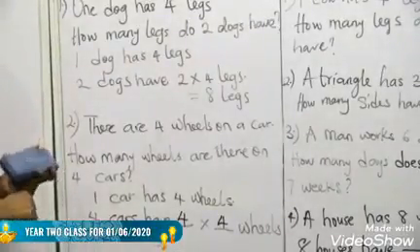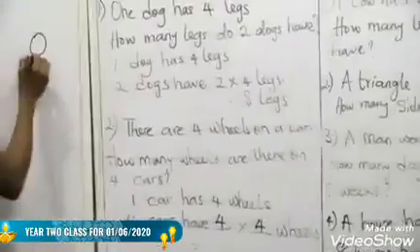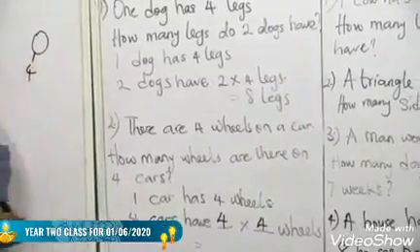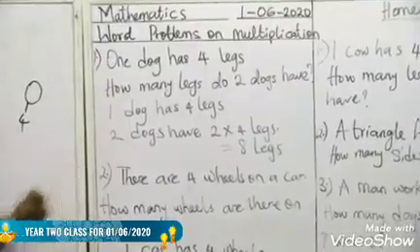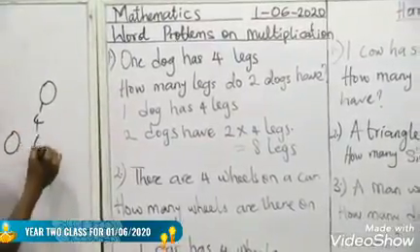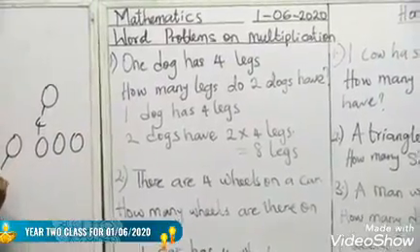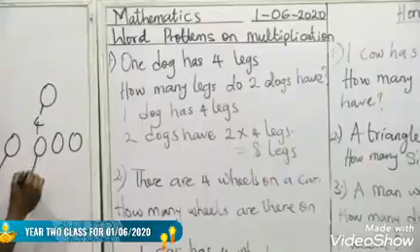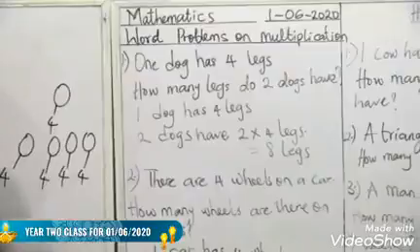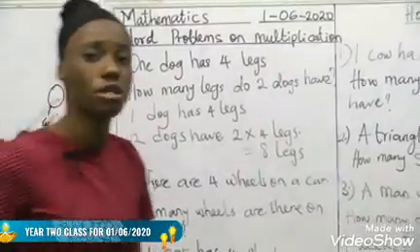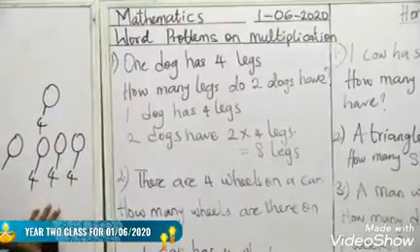Now let's check it again. We have one car, and in this one car there are 4 wheels, and they are asking us to check how many wheels are there in 4 cars. Simple. We do 1 car, 2, 3, 4. The wheels here is 4, the wheels here is 4, the wheels here is 4, the wheels here is 4. What did we say multiplication is? Multiplication is repeated addition.